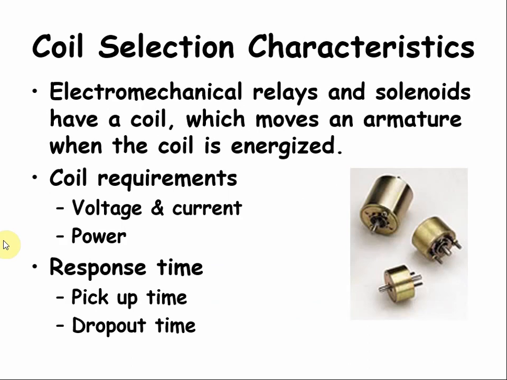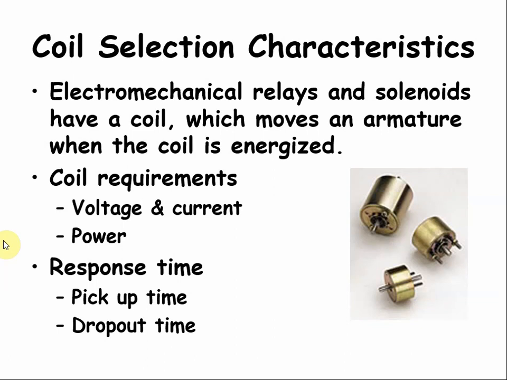Some more characteristics of electromechanical devices with coils are coil power requirements. These describe how much voltage and current or power is needed to energize the coil. One would expect that larger coils on larger electromechanical relays will probably need more power to energize them.